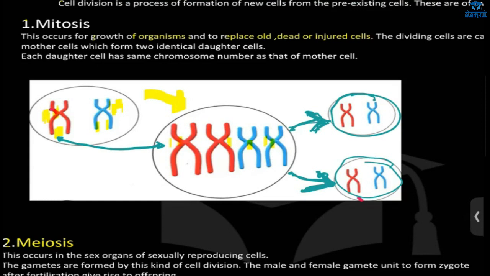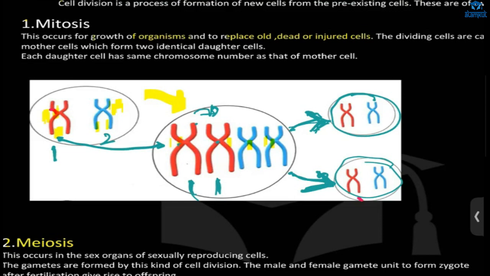It contains genes, and it has DNA. DNA will get replicated. Replicated means copy. This is one chromosome, one copy.